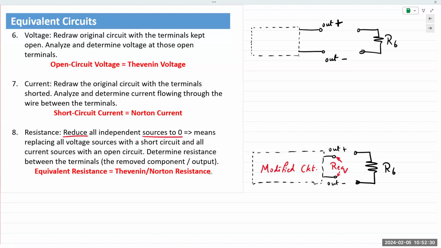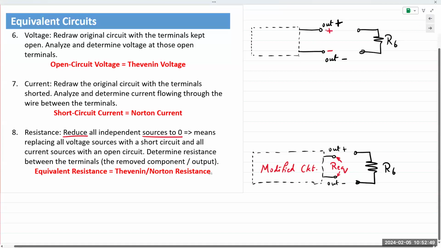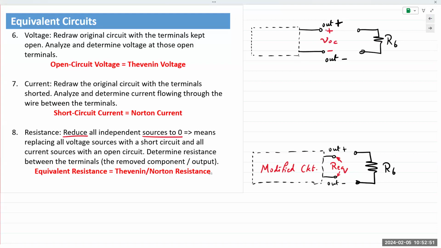Once we remove R6 from our analysis, all we are doing is we analyze this circuit with any method you choose, whether it's mesh current analysis or node voltage analysis, and you find the open circuit voltage between those 2 terminals. See, once you remove R6 from the circuit, the terminals are open, hence open circuit.